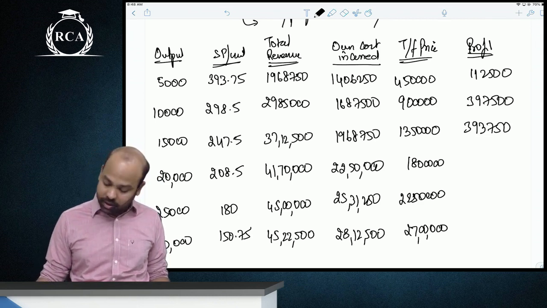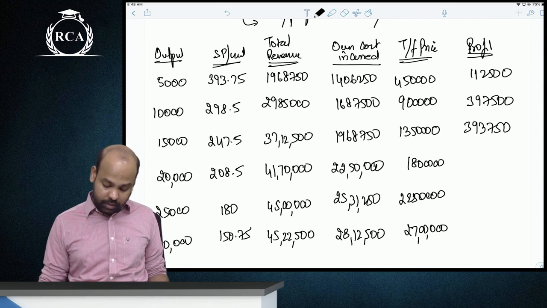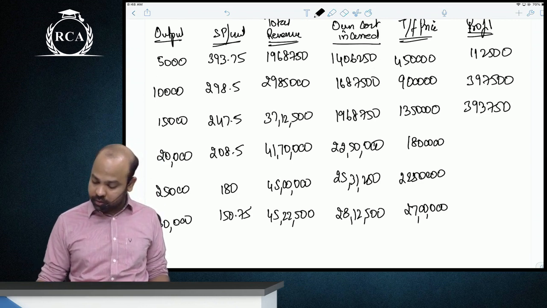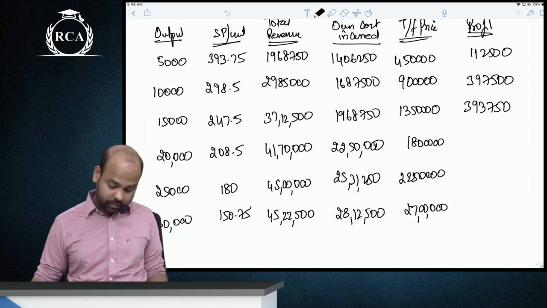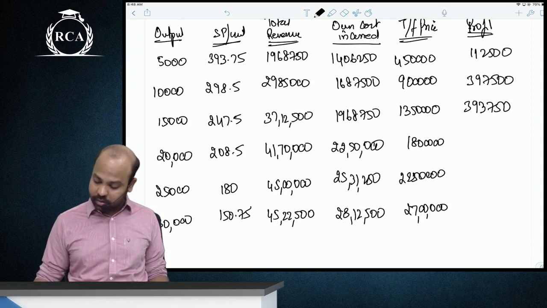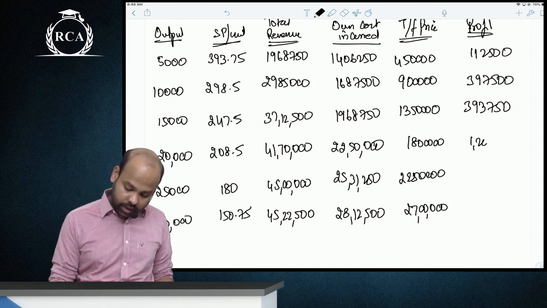41,70,000 minus 22,50,000 minus 18 lakhs is 1 lakh 20,000.